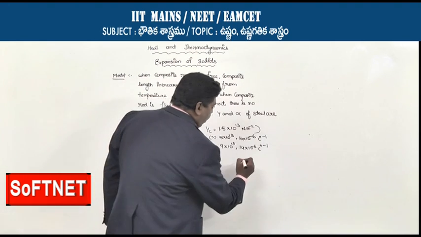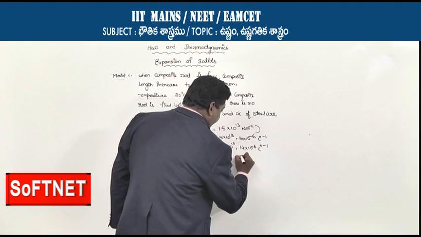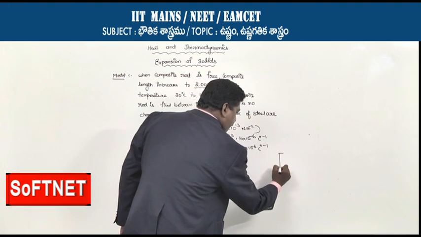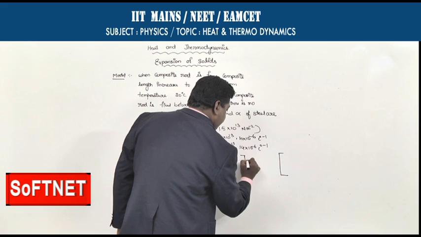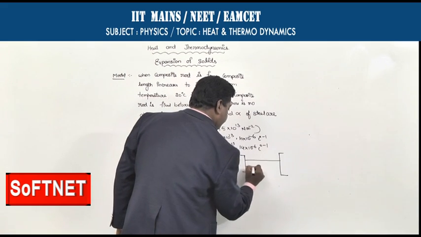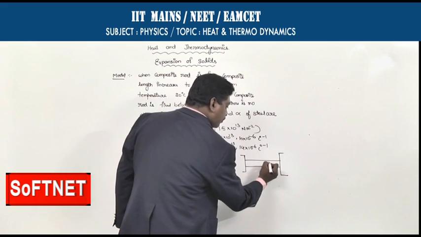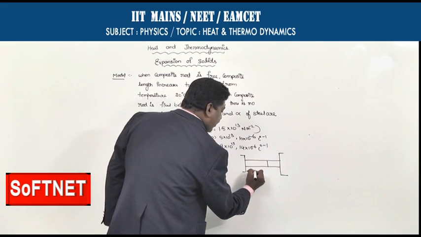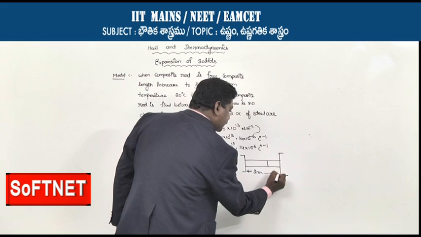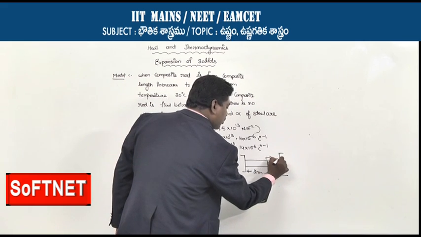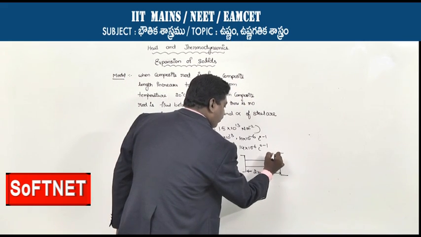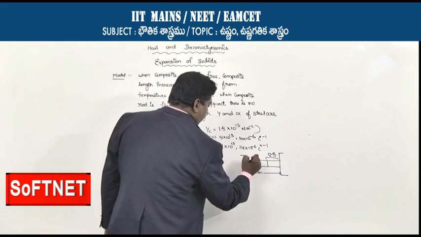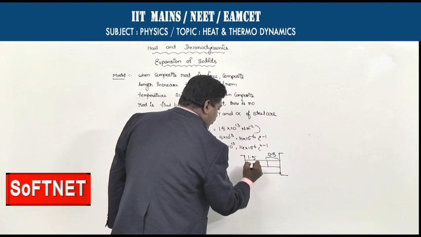We are given a composite rod. In the diagram it is given like this. The total length of the rod is 2 meters, in which 0.5 is of copper and 1.5 is of steel.